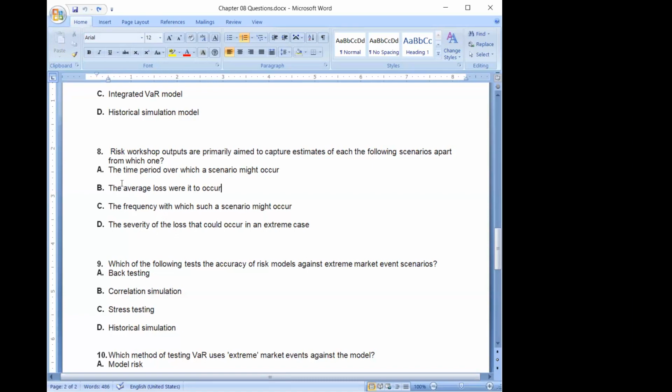We look at all this, but not the time period over which that scenario occurs, because when you look at the future, we do not generally define the time period as such. Our objective is to identify the possibilities, not when it will happen. You can't say next year or the year after or 5 years' time. We don't look at that. We look at whether there's a possibility for it to happen. On that basis, we build the scenarios. So the correct answer is A.